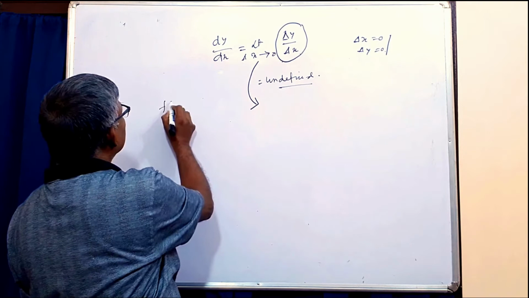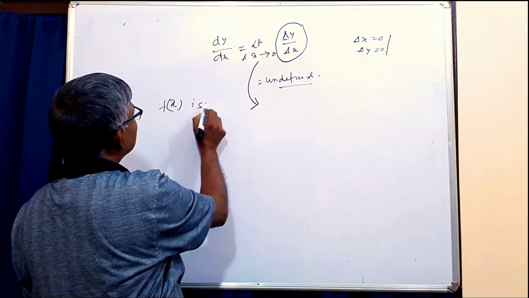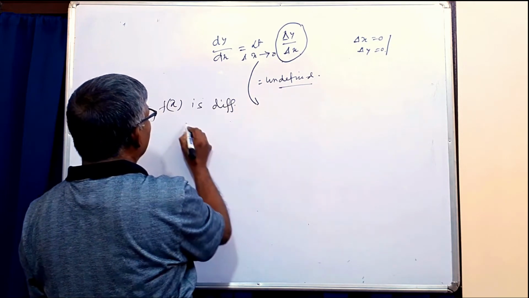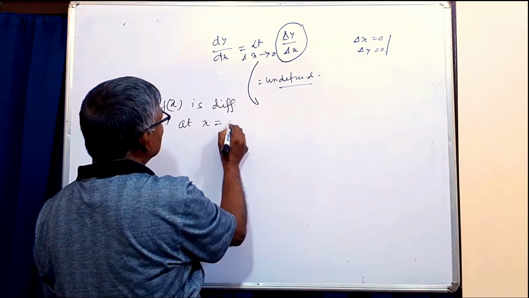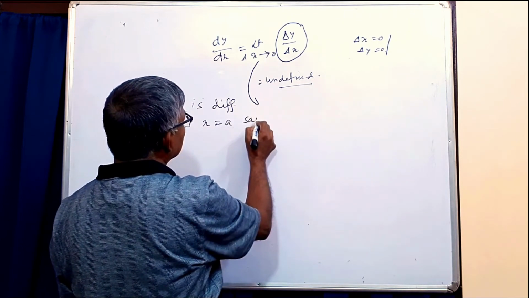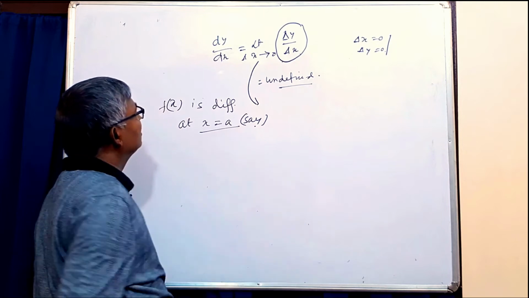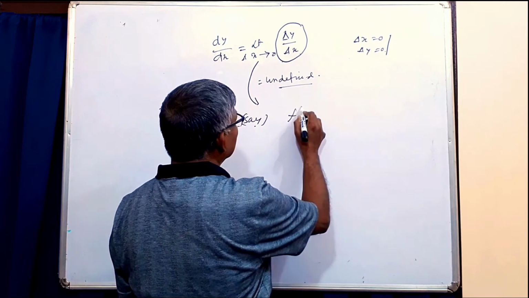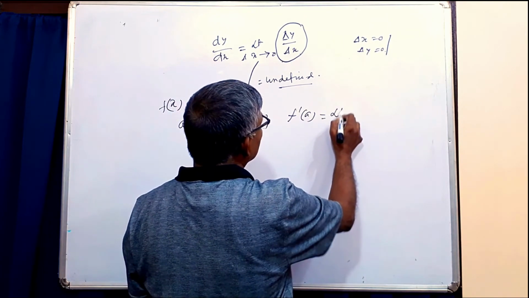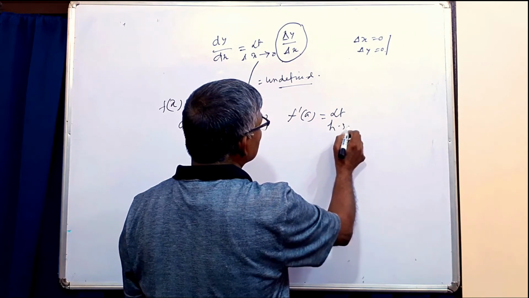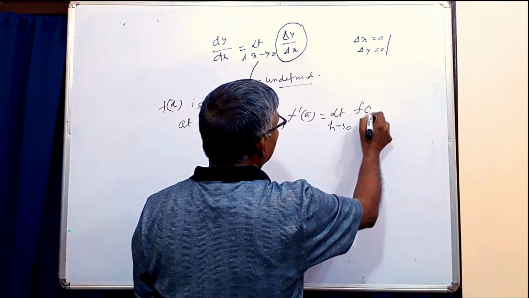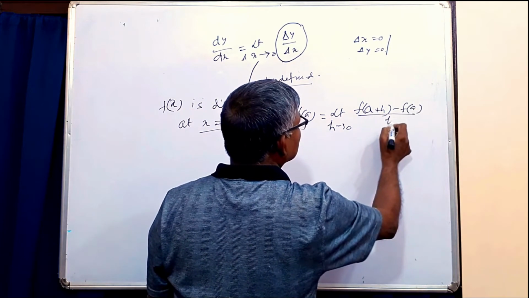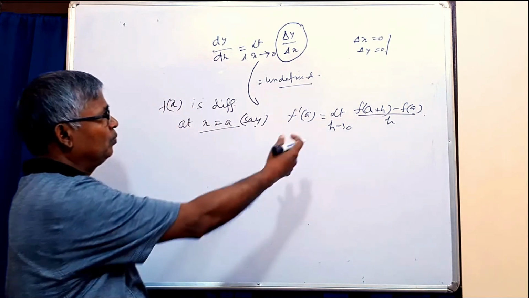Suppose f x is differentiable at x equal to a, say at this point. f x is differentiable at x equal to a, so we can write f dash a equals limit h tends to 0, f of a plus h minus f a by h, as per definition, you know.